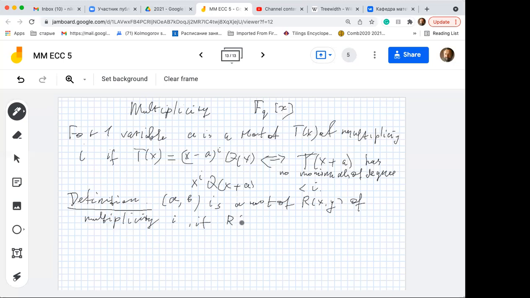If we substitute x plus a for the first variable x and y plus b for y, we obtain a polynomial of x, y which has no monomials of degree less than i.